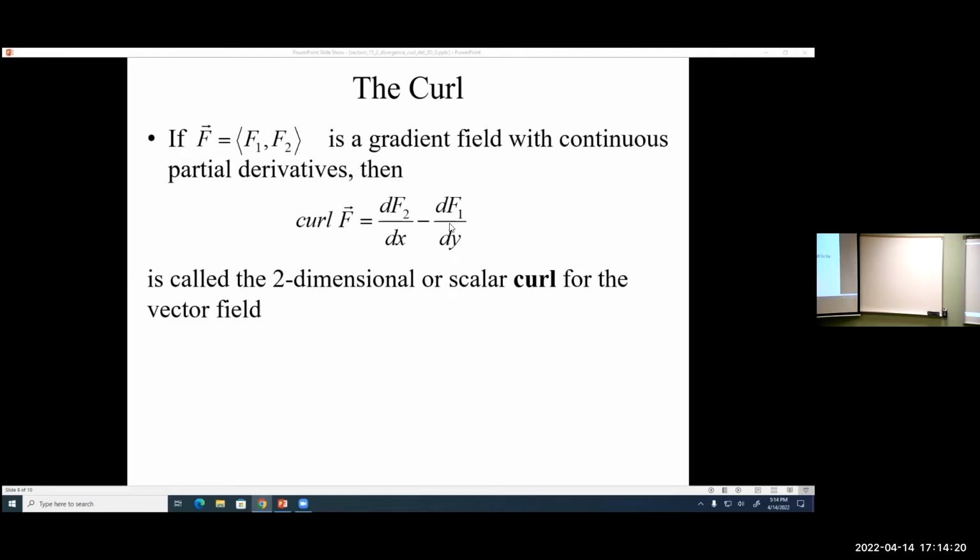What do we know about f sub yx and f sub xy? If we did everything right, they should be the same, which means we'd get a curl of 0. So all gradient fields are conservative. That's something we're going to get into next week more explicitly, so I gave away the punchline, but we're talking about it now.